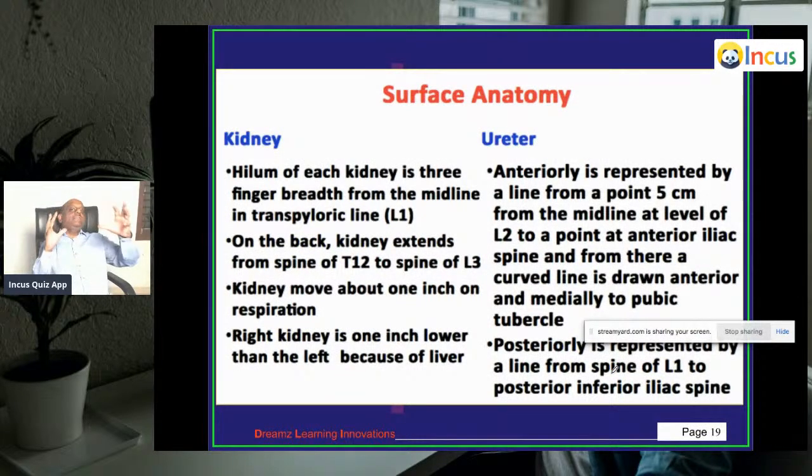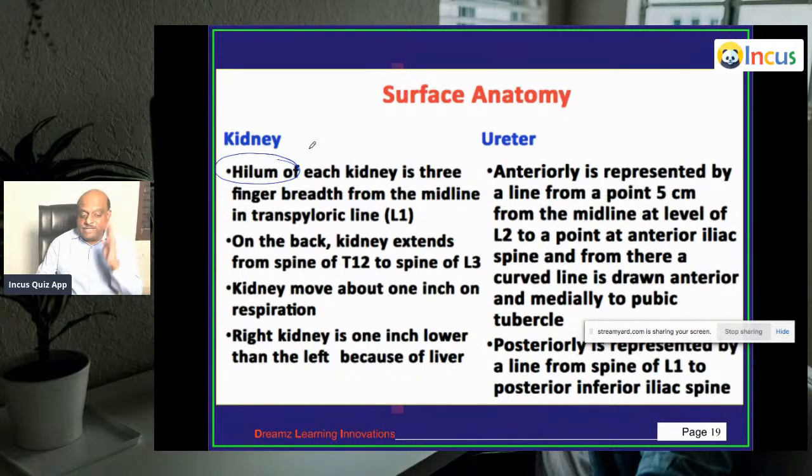Now, what is the surface anatomy of the ureter and the kidney? One of the favorite questions of the examiner. The hilum of the kidney, some of you are going to become nephrologists. You are going to do renal biopsy day in and day out.